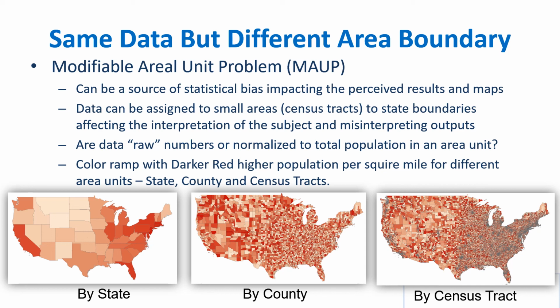So if I take my same data and use a polygon size of state, I see one version of it. If I take it by county, I really get a very different feeling. And of course, by census tract, unless I'm going to zoom in, it's hard to see anything, so I get another one. So really, a color ramp with dark red for populations per square mile, with different areas, gives you a different interpretation of your data.